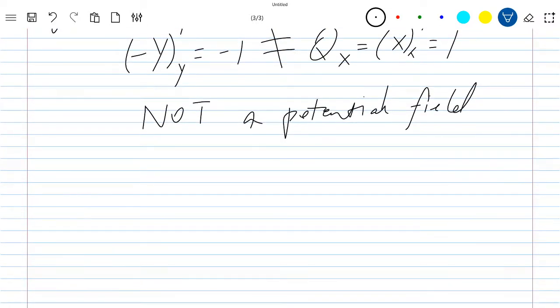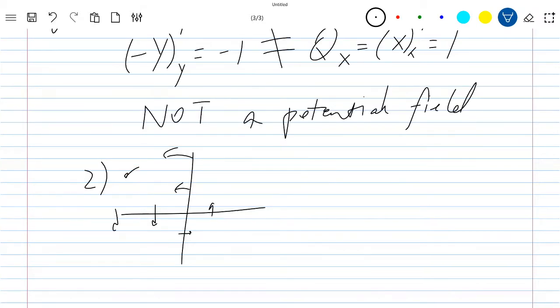Now, let's look at something more fun. I don't tell you the function, but I plot it. The function is like this. Not function, the field. Alright, so given this plot, do you think this is a potential field?